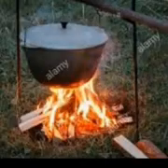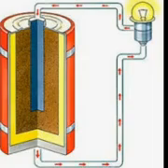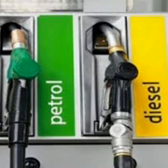Chemical energy in wood provides heat energy which helps us to cook food. Chemical energy in coal is used to generate electricity. Batteries we use in our daily life contain chemical energy. Fuels like petrol and diesel possess chemical energy which is used to run vehicles.